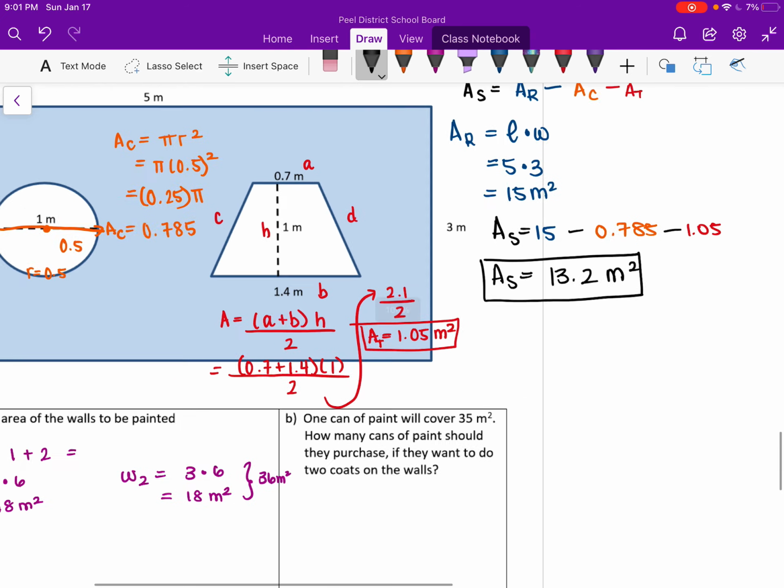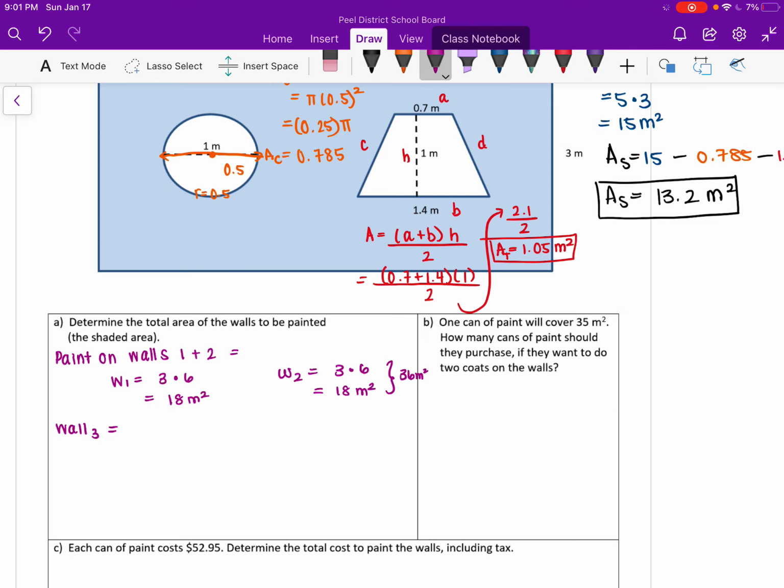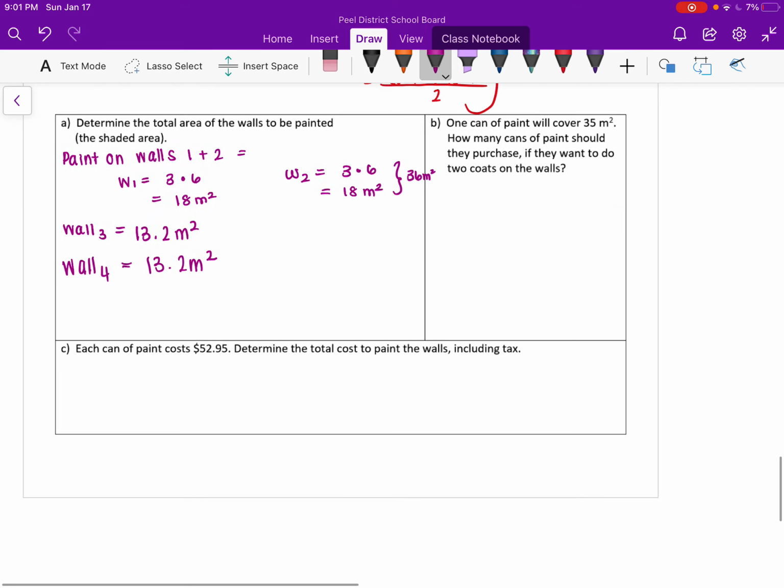So my area of the third wall is going to be 13.2 meters squared. And I know that wall 4 has the same setup, so they're the same, 13.2 meters squared, right? So the total area of all 4 walls is equal to wall 1 plus wall 2 plus wall 3 plus wall 4.